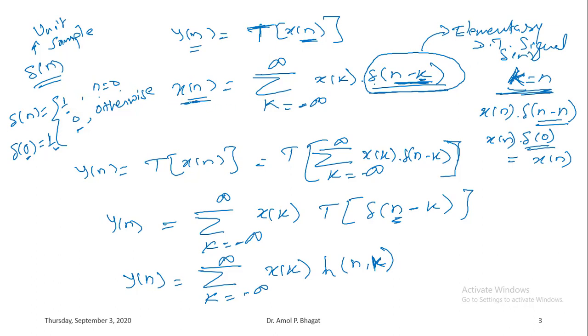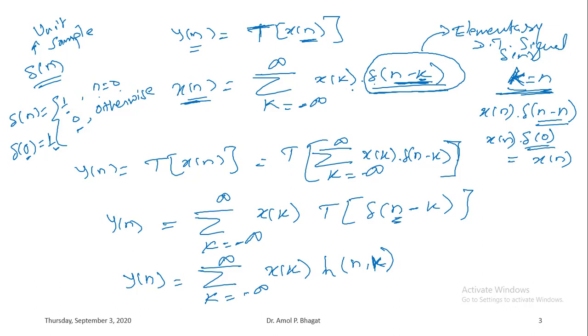We decompose input x of n by using this elementary discrete time signal. This equation will exist only for k equal to n, because for k equal to n this term will be 1, otherwise it will be 0. So if you substitute k equal to n, it will be simply x of n. After adding all these values, you will get simply x of n.